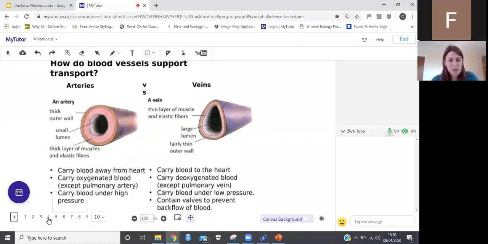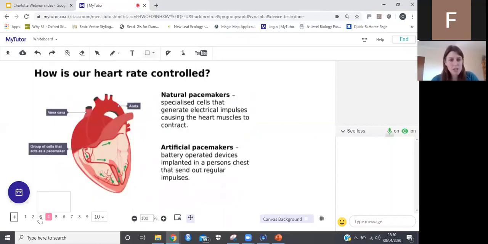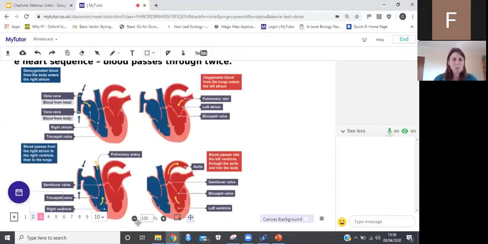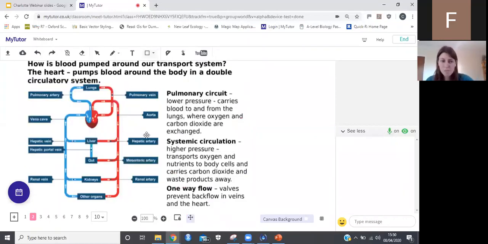So if we go to this one, we can view those circuits. In this diagram, all of the vessels in red are carrying oxygenated blood, and all of the vessels in blue are carrying deoxygenated blood.